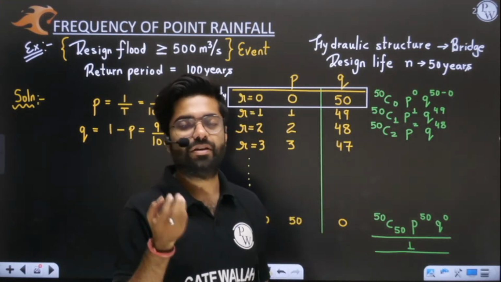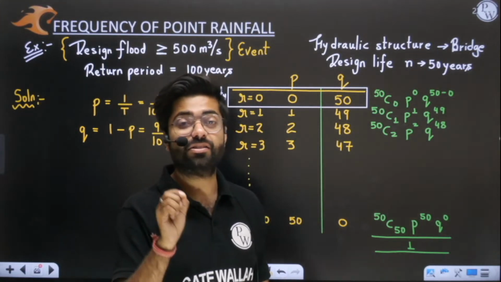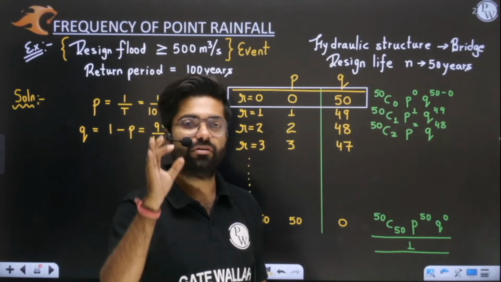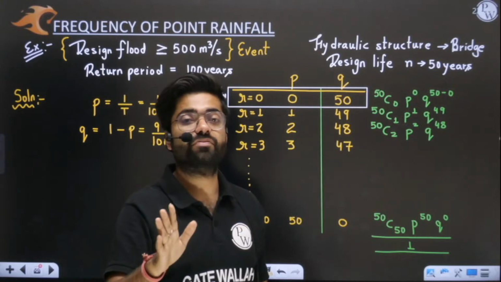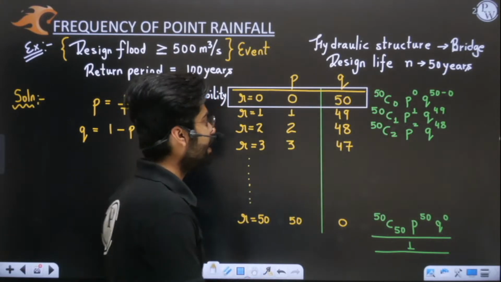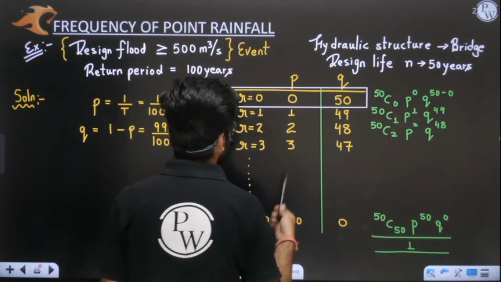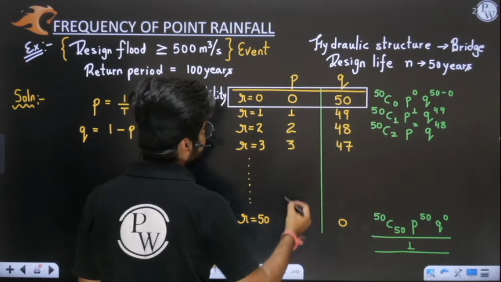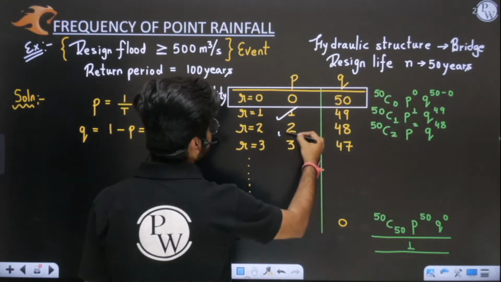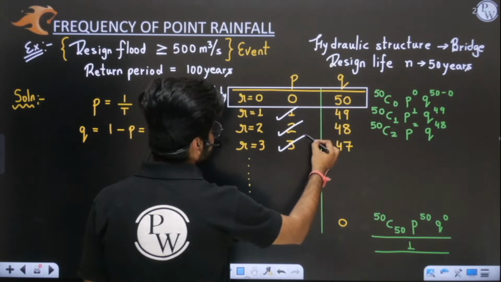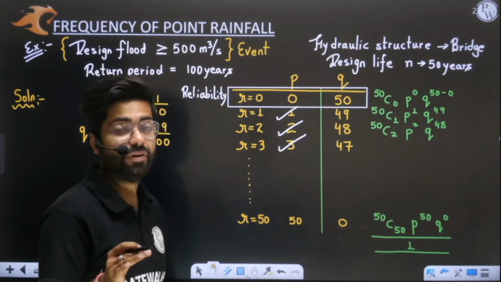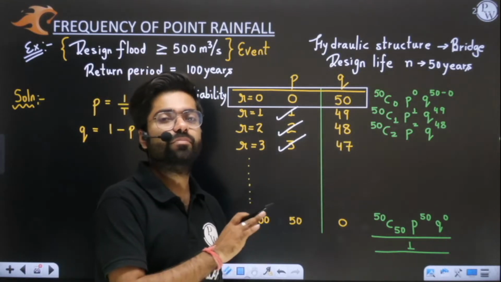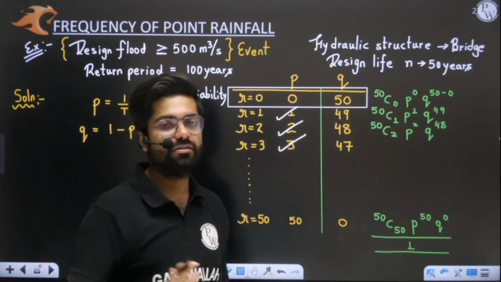Even if it occurs once, twice or thrice, no matter how many times, if it has happened a single time, I will say that my structure is not safe, it is at risk.